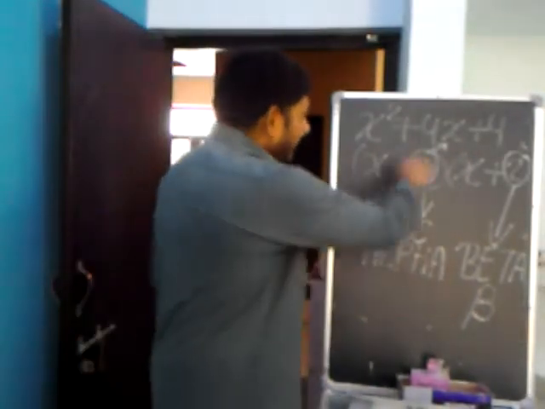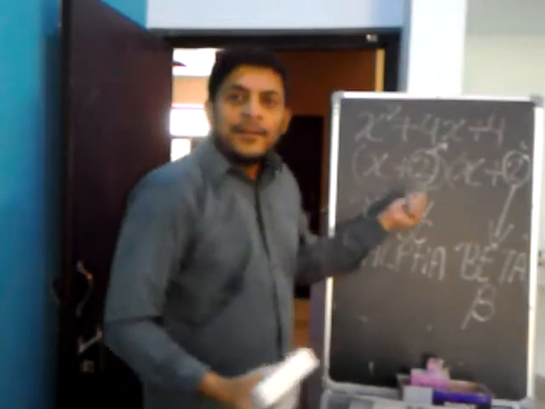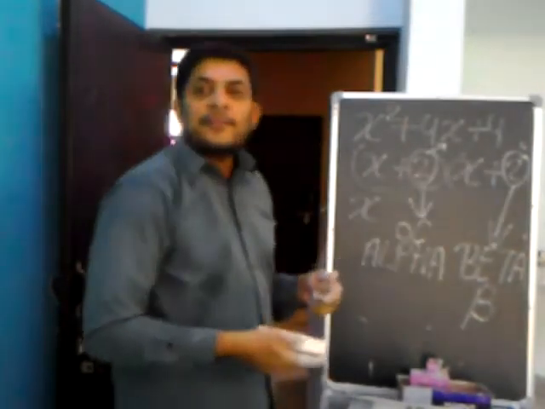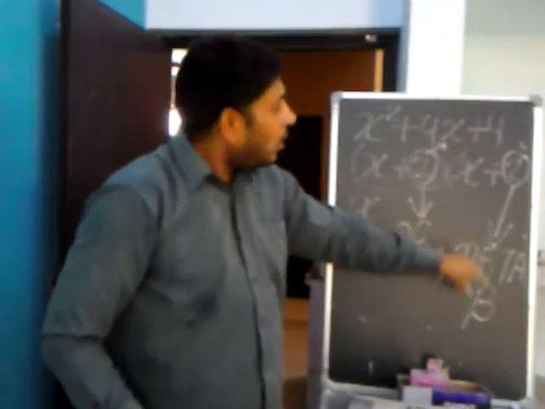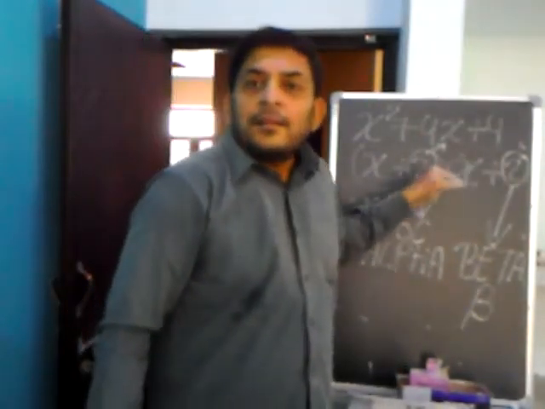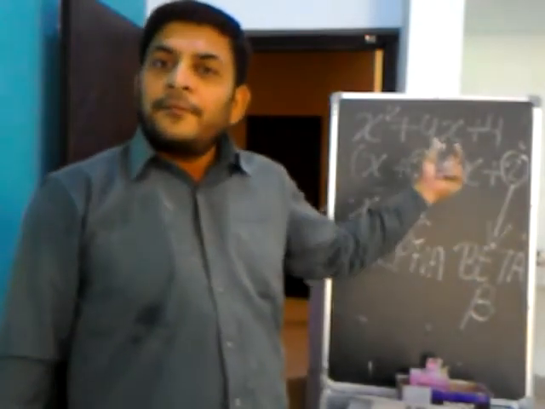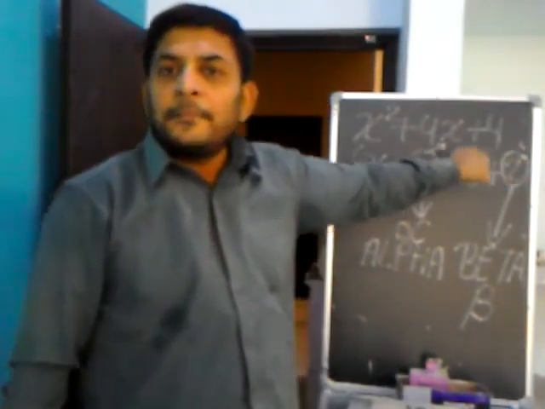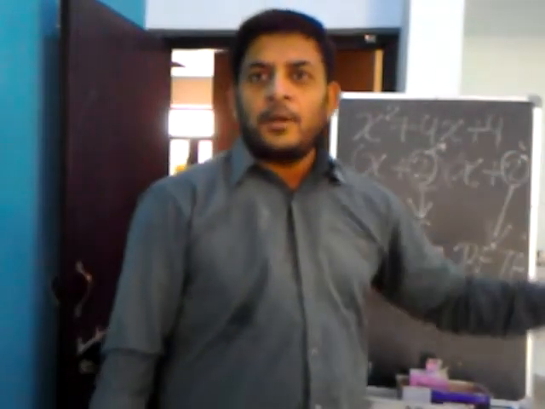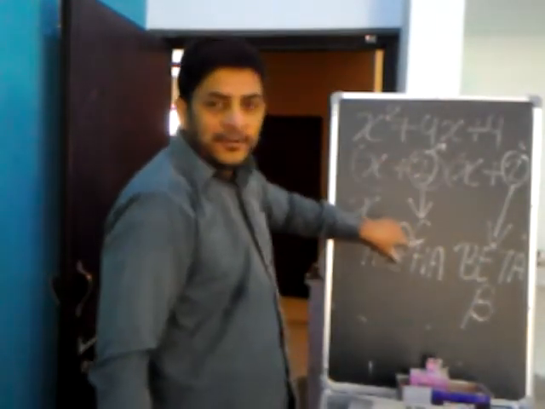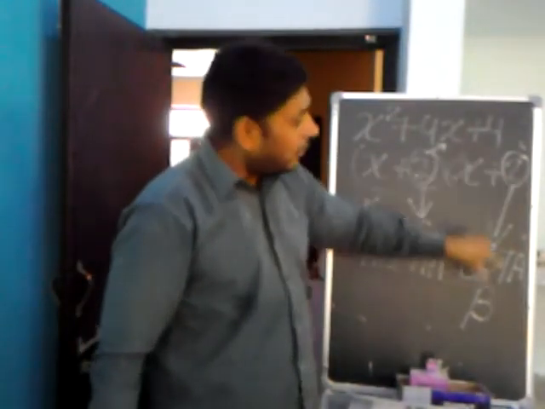So again, for the factors we have a general form: the first constant part is alpha and the second constant part is beta. Now these constant parts, the numerical values, are zeros of the polynomial. So the first zero is called alpha and the second zero is called beta.